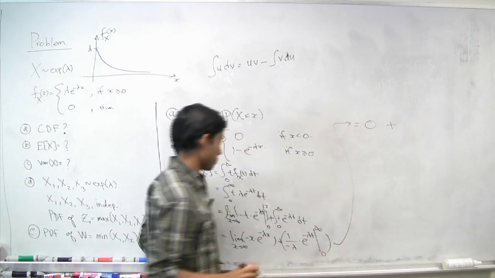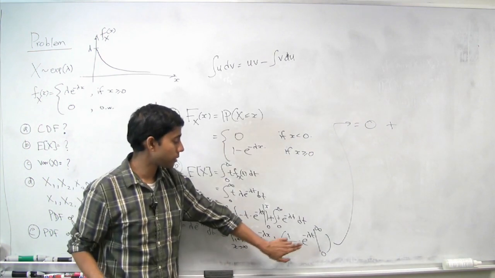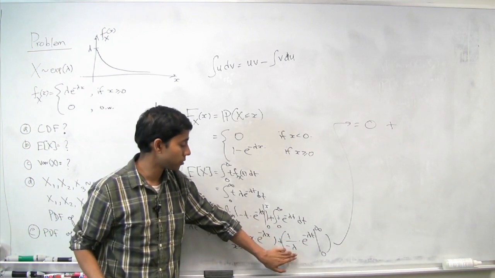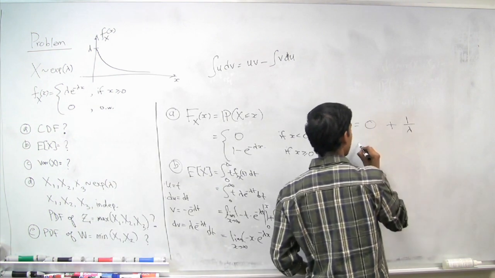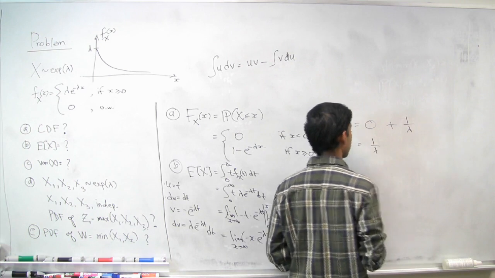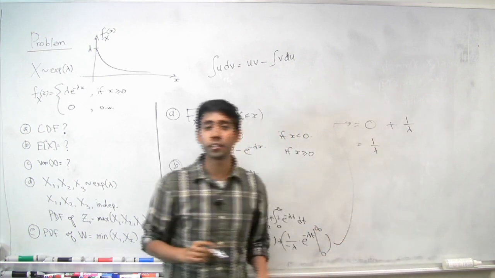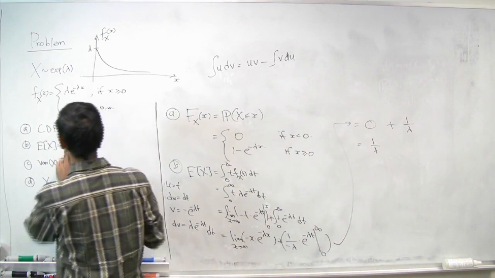For the second term, if you evaluate the bounds, the infinity makes this 0, and at 0 you get 1 over lambda. So the expectation is 1 over lambda.